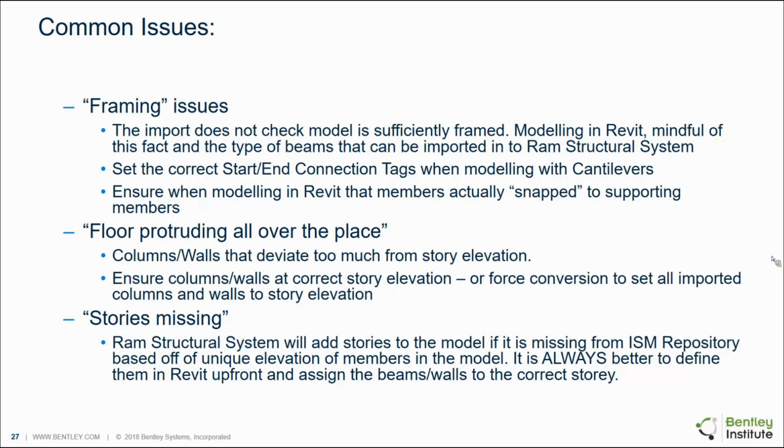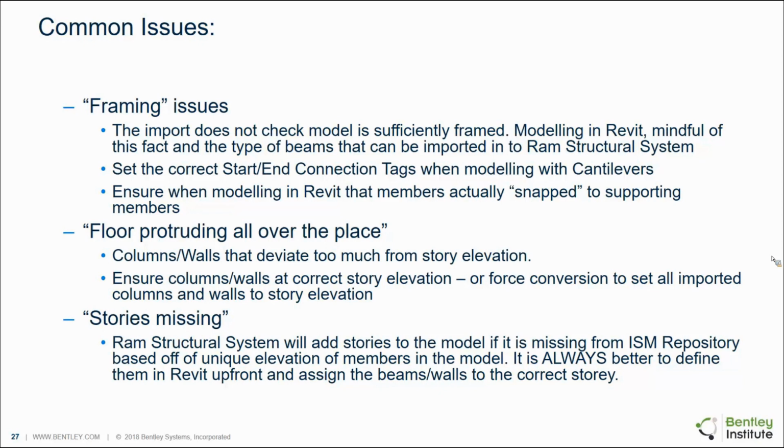The floors are sloped completely as a function of their supporting column and wall elevations. So that's why it's very important for your column and wall offsets in Revit to be set to 0 and to have the top level constraint set to a floor. And then once you do that, it will come into RAM structural system nicely.